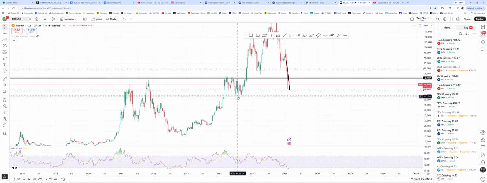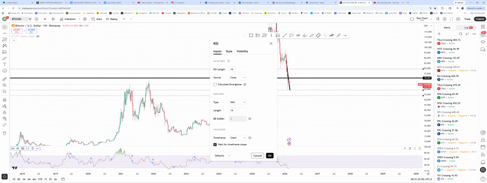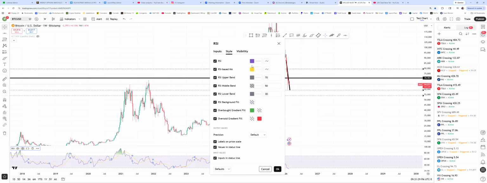Okay. So let me change the settings here. Make it cleaner. Let me change the RSI settings here. Let me remove this line here. The numbers is right there, 70, 50, and 30.